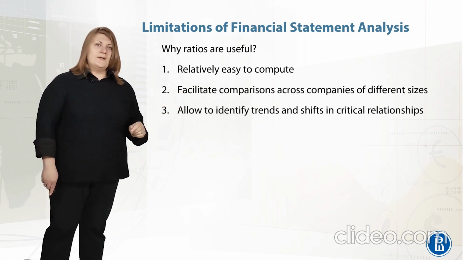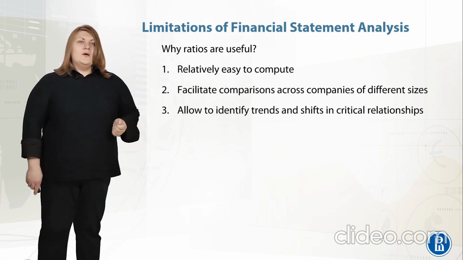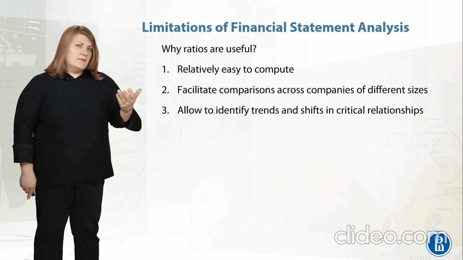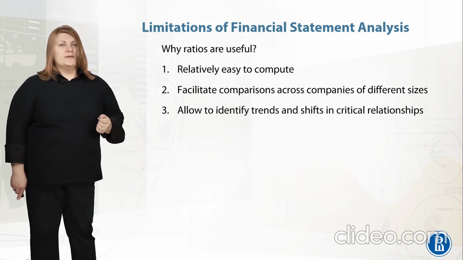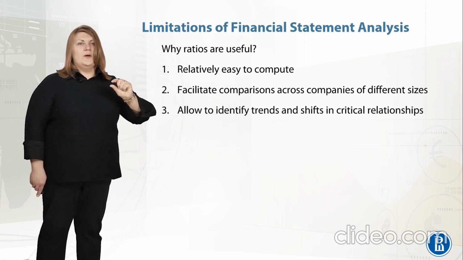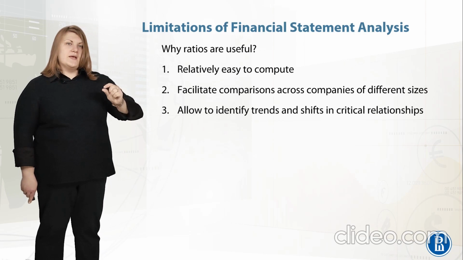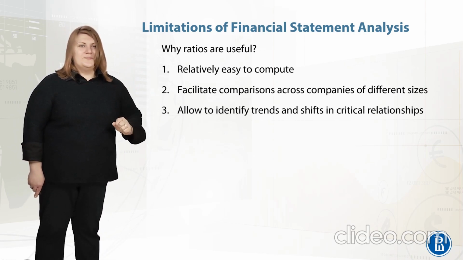Before we go to the limitations part, let's think about this. What do we understand under ratios? We understand some items which are divided one by one and which can be represented as the part of each other.